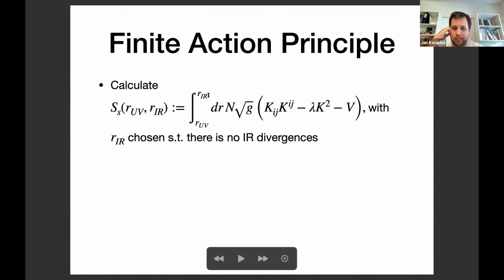And we choose R_IR such that there are no IR divergences, for example from cosmological horizons.